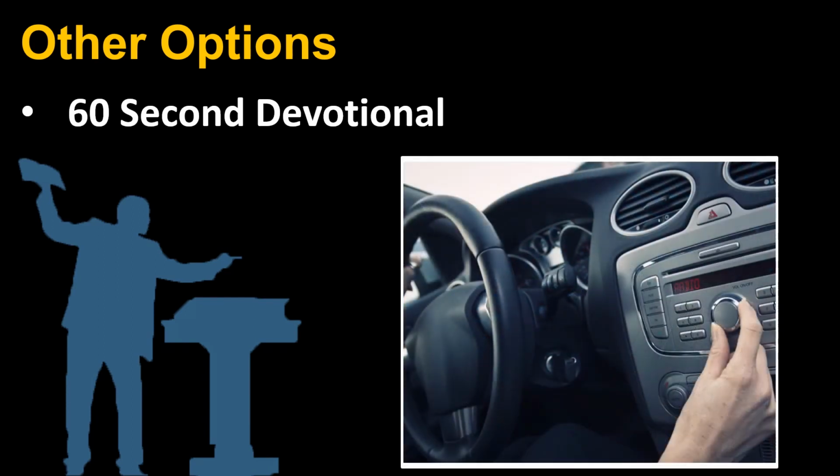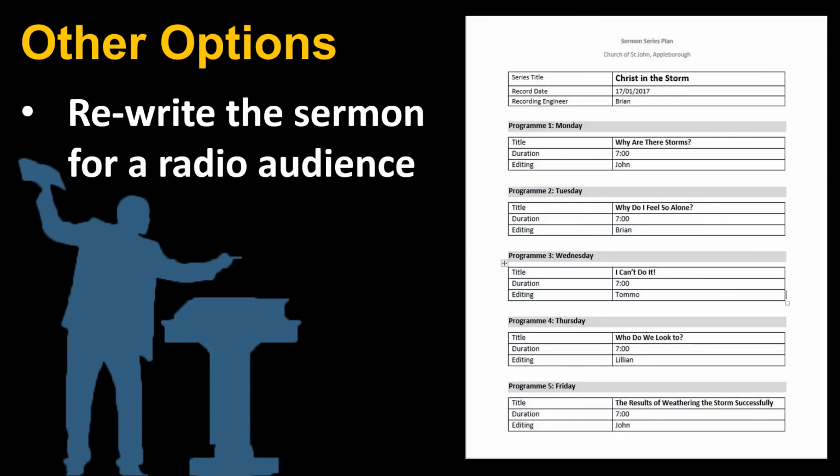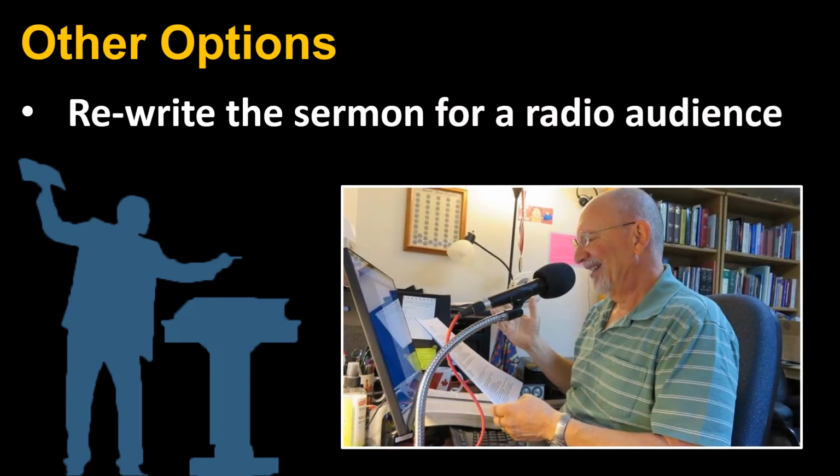These spots work really well during busy hours on radio stations. Or rewrite the sermon for a radio audience. Break each sermon into 5 to 7-minute episodes so they play Monday to Friday. Again, record it in a studio and produce it nicely. Of course, talk to radio stations and find out what they need.